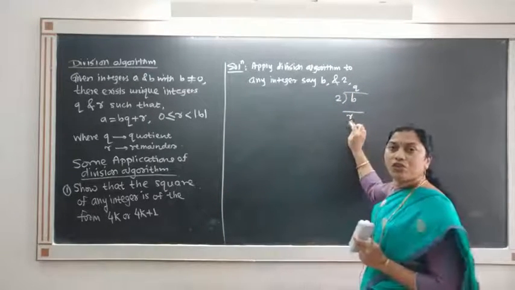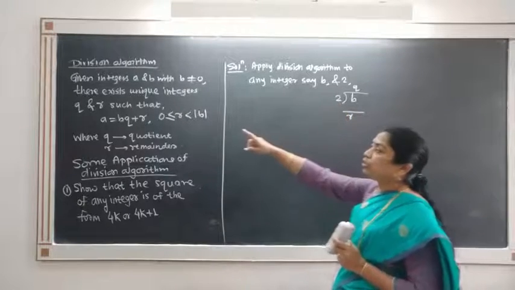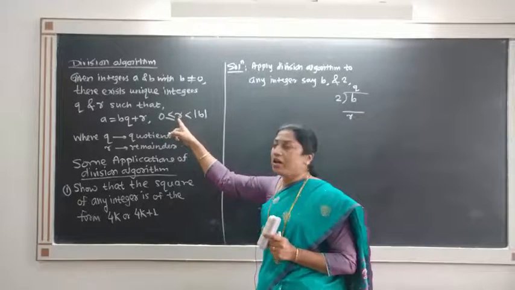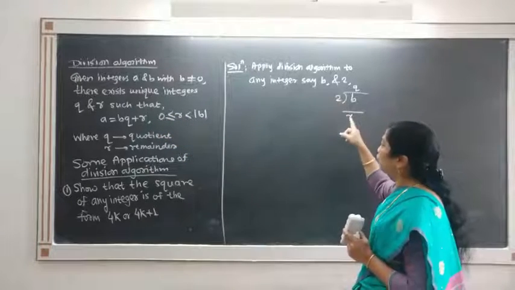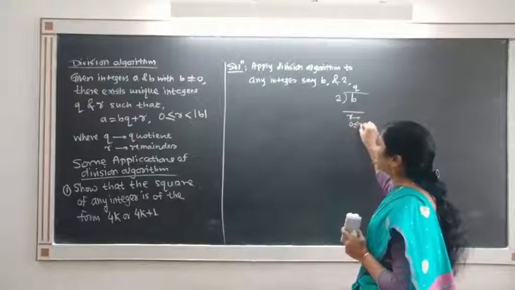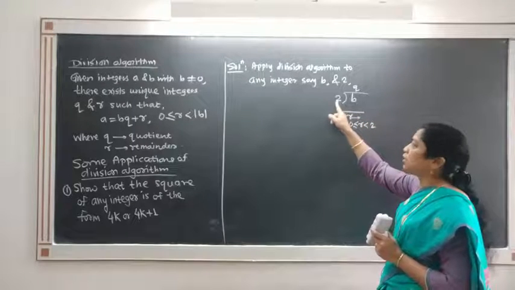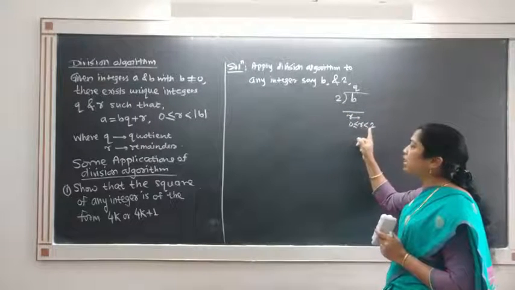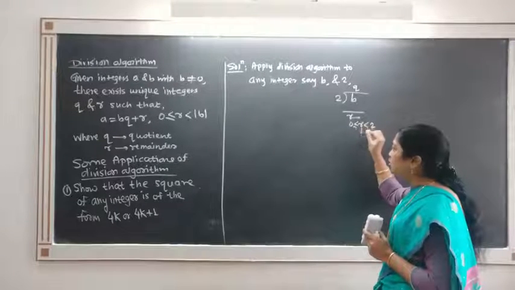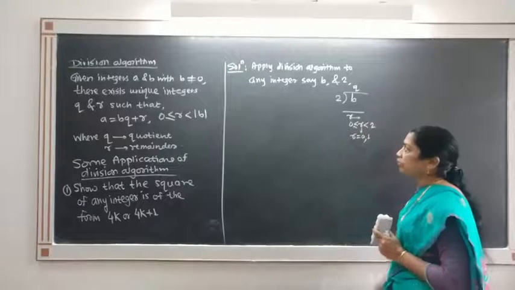What is the condition on this remainder? This remainder r is such that 0 is less than or equal to r is less than 2, because you are dividing by 2. Therefore the remainder should be less than 2 and greater than or equal to 0, which means that this remainder takes values either 0 or 1.